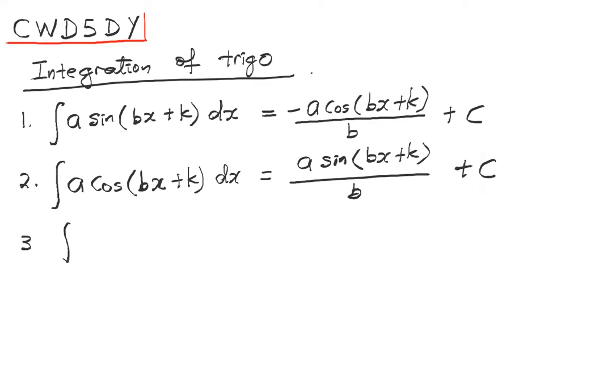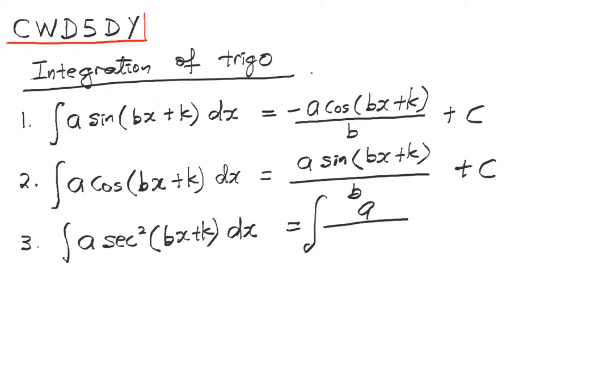Okay, now, if I integrate secant square, secant square means 1 over cos square, this is also cos secant square.